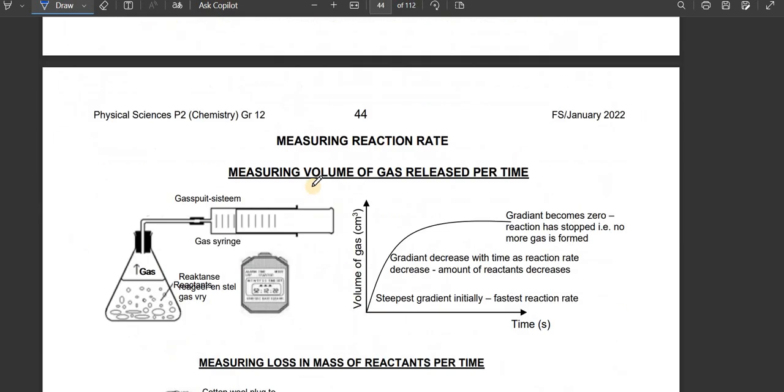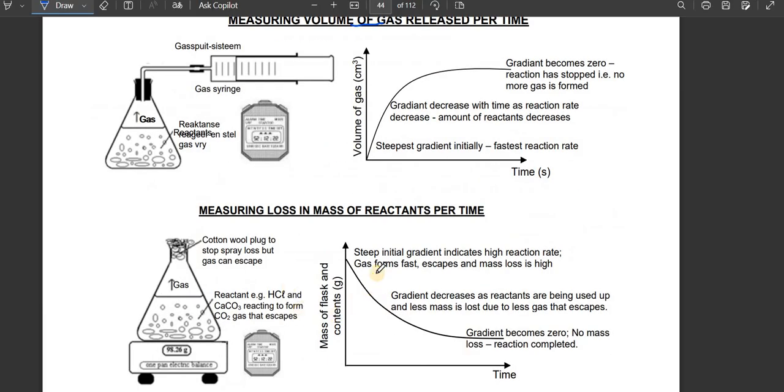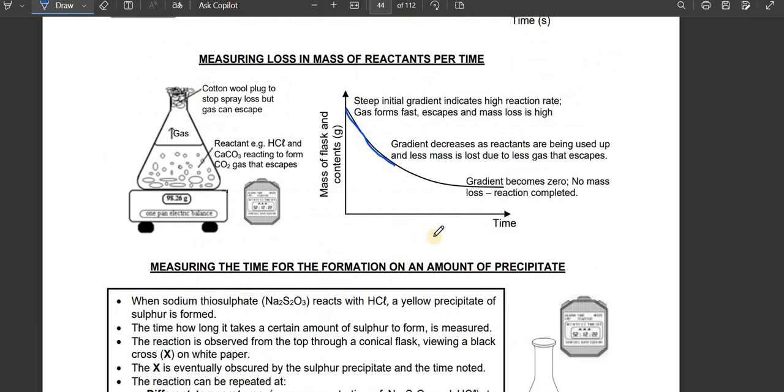Okay, so now this is just also a summary of what we've talked about already. Measuring the volume of gas, then we get this graph. Measuring mass loss, we did say that the contents in the flask are decreasing, that's why we have this. Or we can also have that graph as being like this, whereby we're losing more and more as the time proceeds.